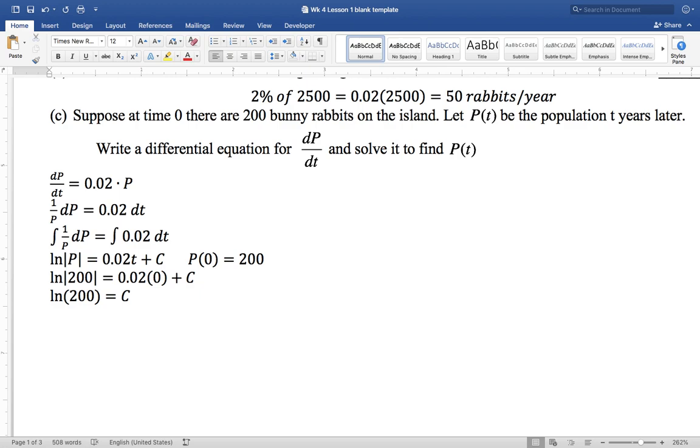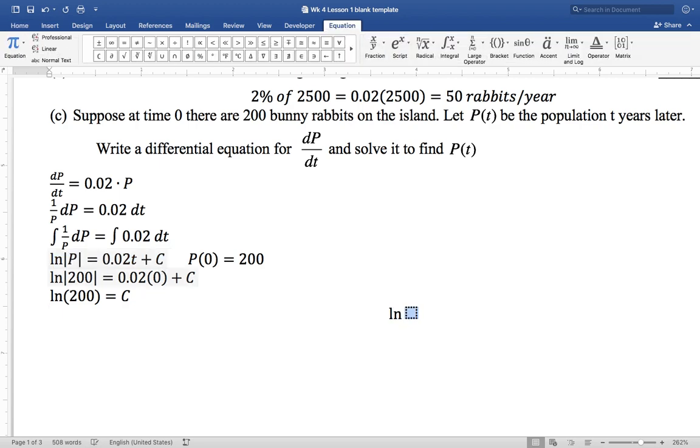I can now go back to this line here and replace the value of C that I found with the natural log of 200. So I find that the natural log of capital P is equal to 0.02t plus the natural log of 200.